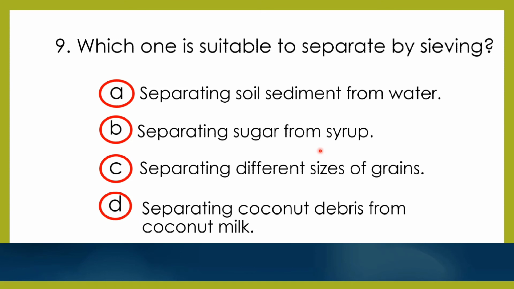Letter C, is it the different sizes of grains? Can we use the sieve to separate the different sizes of grains? Or letter D, we're going to use a sieve so that we can separate the coconut debris from the coconut milk.